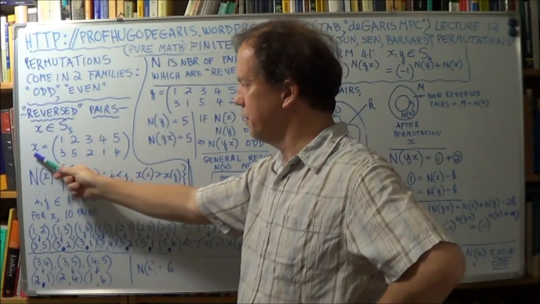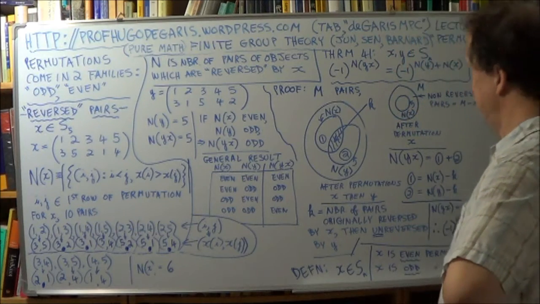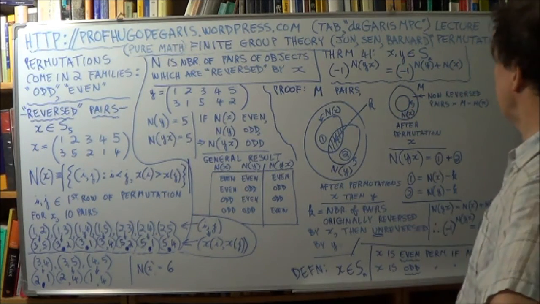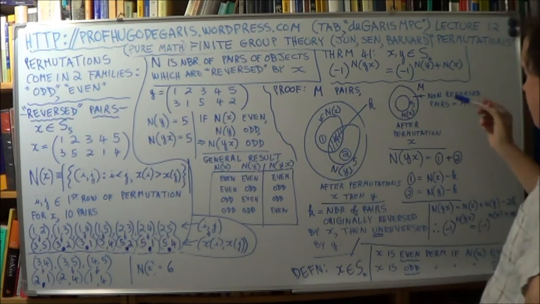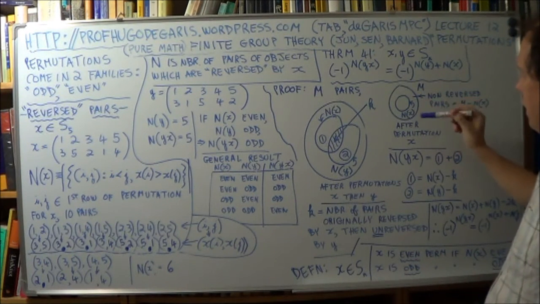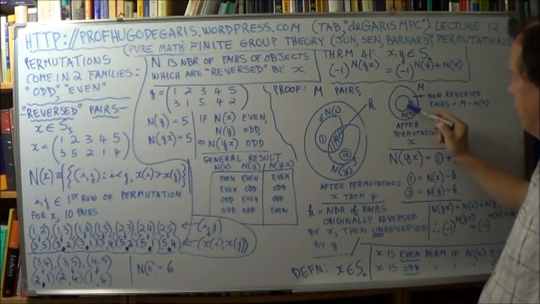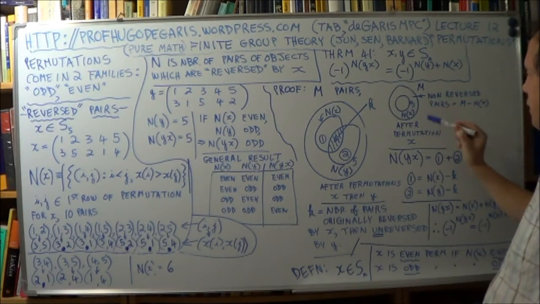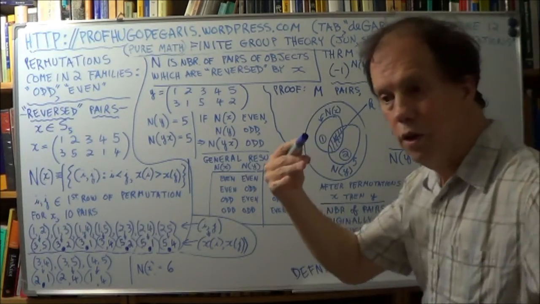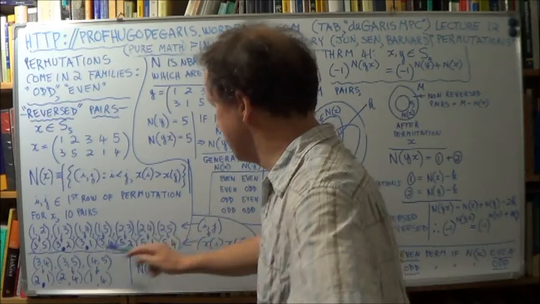Now, apply your first permutation, X. Here are all your pairs, and this n of x here is the set of reversed pairs. So you've got all your pairs that you start with.